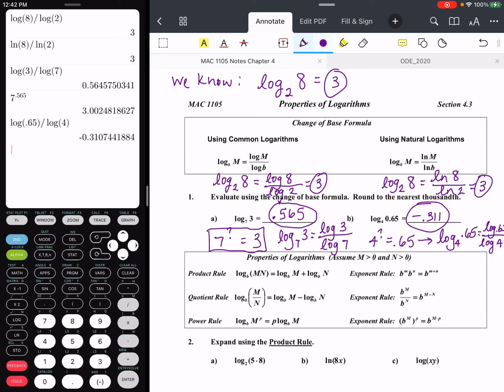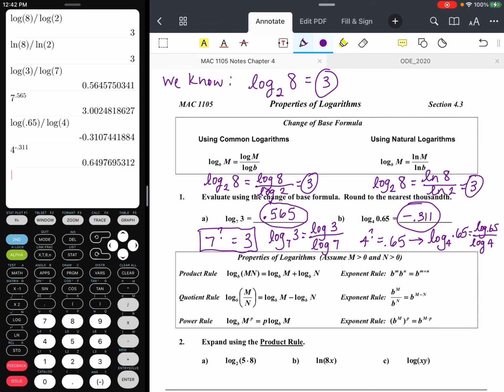Okay. And again, that tells me that 4 raised to the power negative 0.311 should give us approximately 0.65, and it does. All right, so that's our change of base formula.